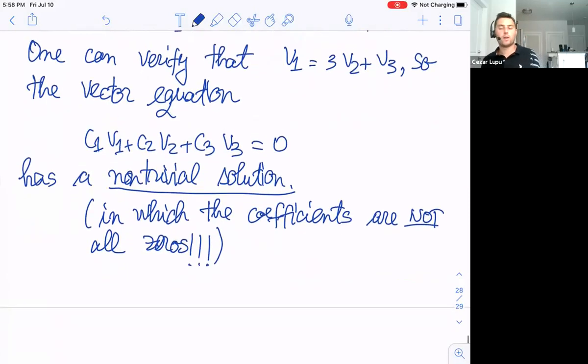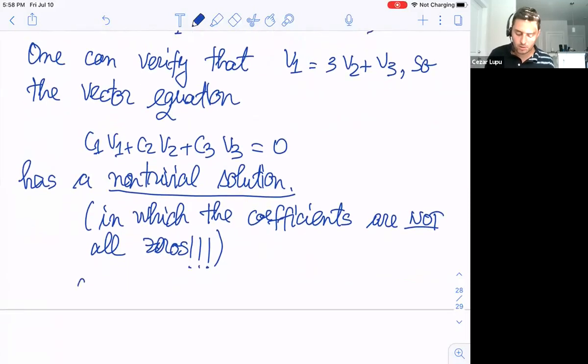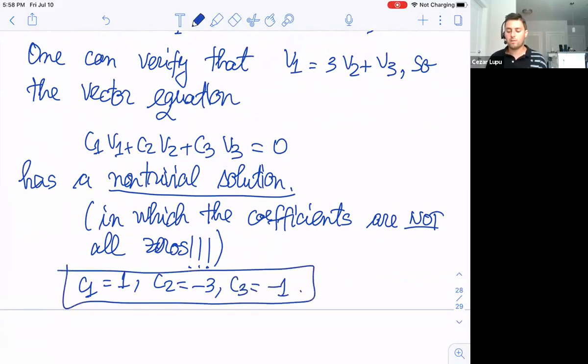In our case, these coefficients are C1 is 1, C2 is -3, and C3 is -1. See, so the coefficients are not zero.